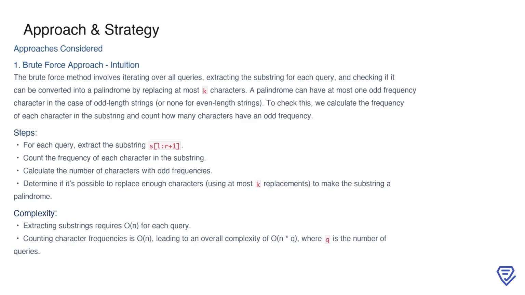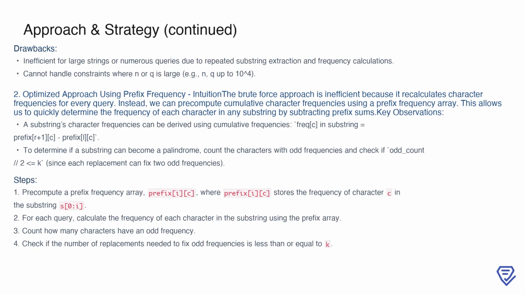If we have a large number of queries or a long string, this quickly adds up to an overall complexity of O(n*q), which is impractical for larger inputs. The brute force approach, while intuitive, has significant drawbacks. It involves repeatedly extracting substrings and recalculating frequencies for every query, which makes it inefficient for large inputs.